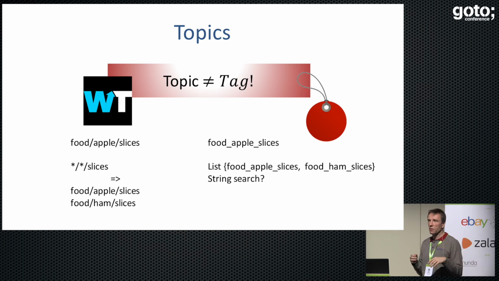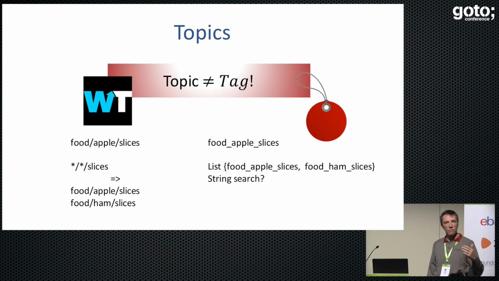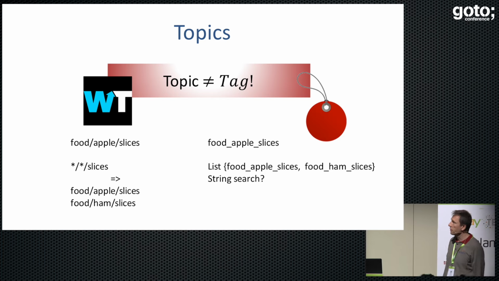If you think about your Venn diagram, where your universal set is all the data that's being produced, your subscribers are going to be small circles within that Venn diagram, and some of those circles are going to overlap. So let's take this food example. Imagine we're some kind of grocery, some kind of food retailer, and we're looking for slices of things, slices of food.